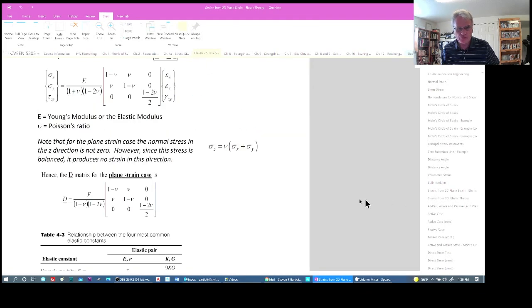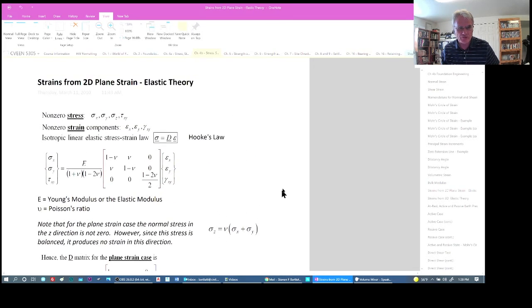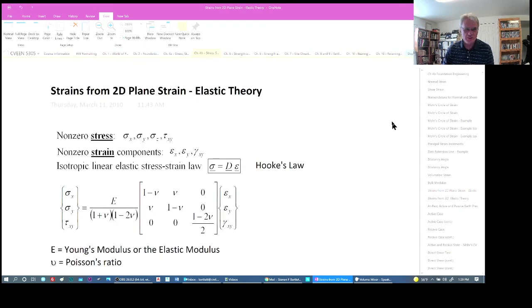Eventually we're going to get to a state where we want to express shear strain in a matrix formulation. So let's just look at the stress-strain law. In this case it's going to be called Hooke's law for elastic homogeneous materials.